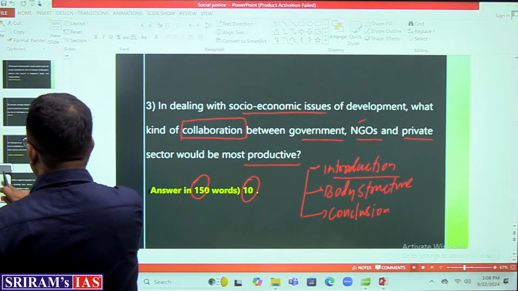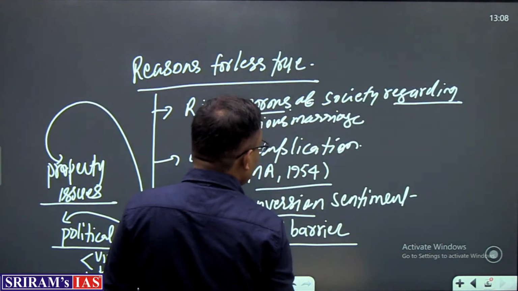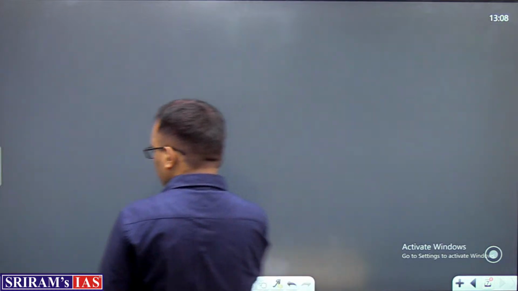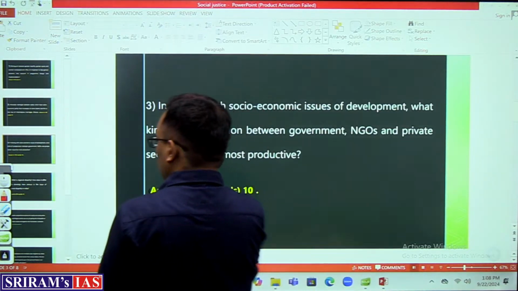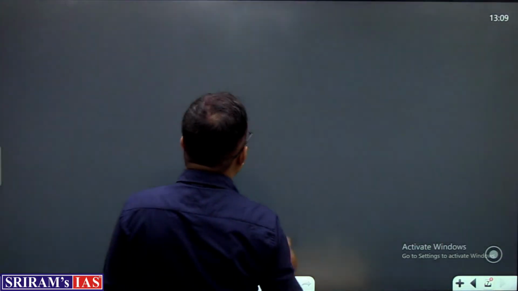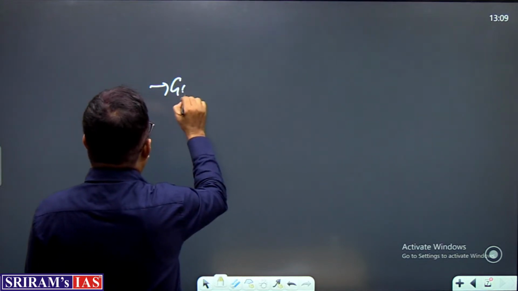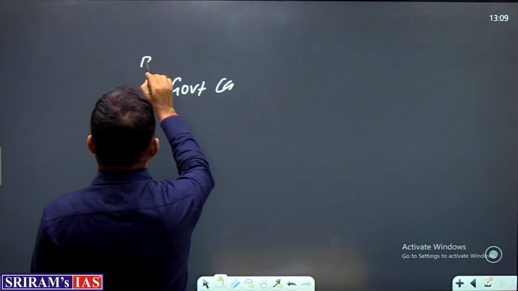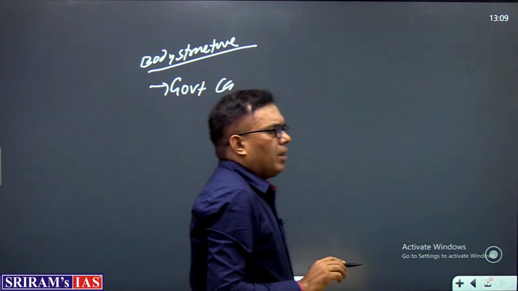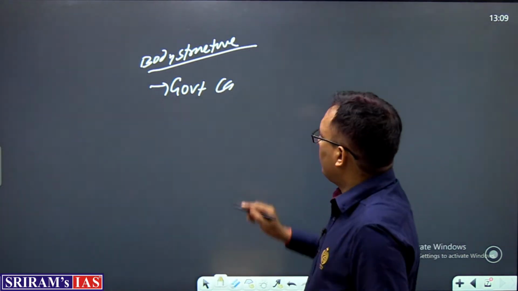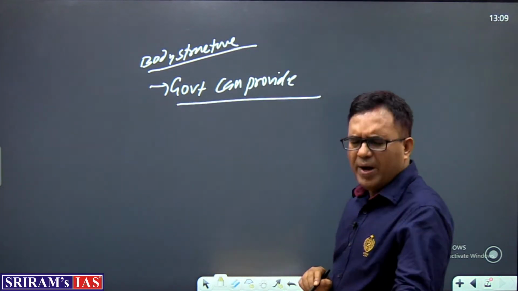When we try to understand the role of these three sectors, we can go for this discussion one by one. After the introduction, in the body structure, we can say what government can provide, and then we'll go to collaboration. Why? What can government provide?